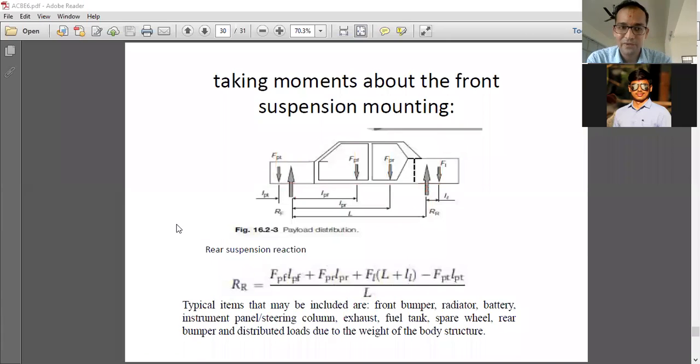The typical items are front bumpers, radiators, battery, instrument panels, steering columns, exhaust mufflers, fuel tanks, spare wheels, rear bumpers, and other kinds of loads which are acting inside an automobile panel. These are the loads which we have considered acting on chassis frames.